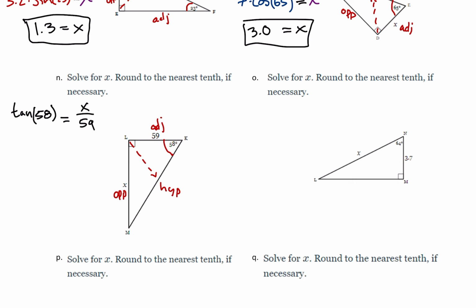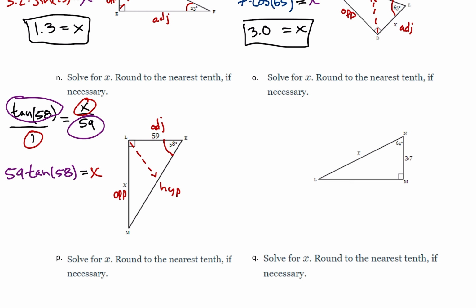And now I will solve for x. Put this over 1 so I can cross multiply. I'm going to end up with the tangent of 58 times 59. So 59 times tangent 58. And that's going to be equal to x times 1, which is just x.